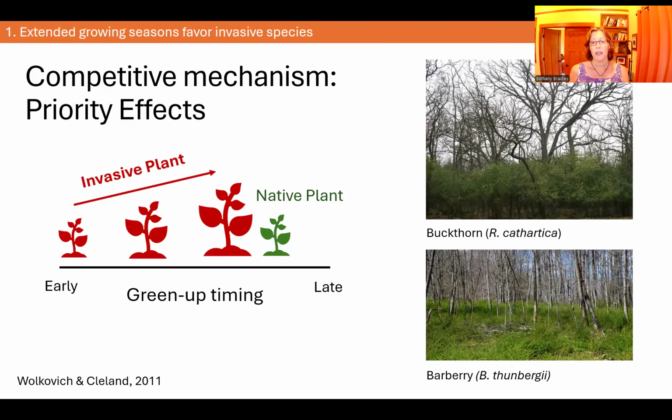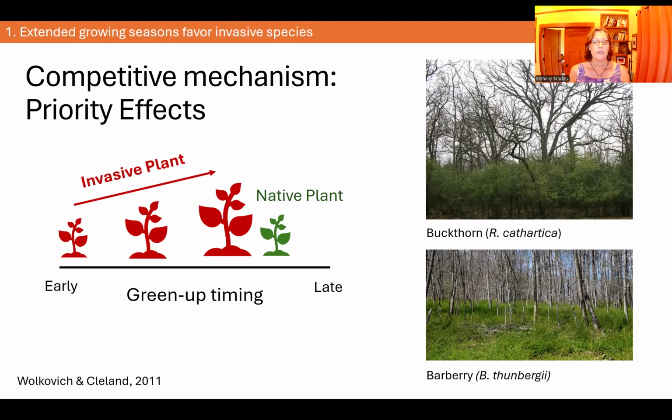And if your invasive plants, or any plants really, are emerging earlier than your native plants, you can end up with what ecologists refer to as priority effects. So basically, by the time a native plant is emerging later in the spring, the invasive plants are already on average 11 days old, which means that they're much bigger and more competitive against that tiny emerging native plant.